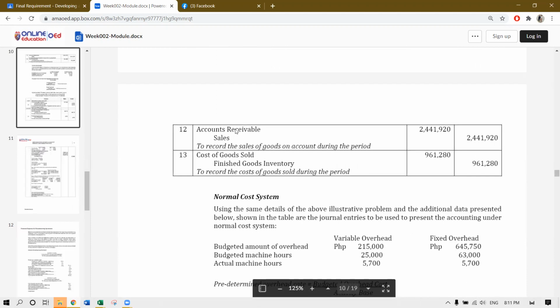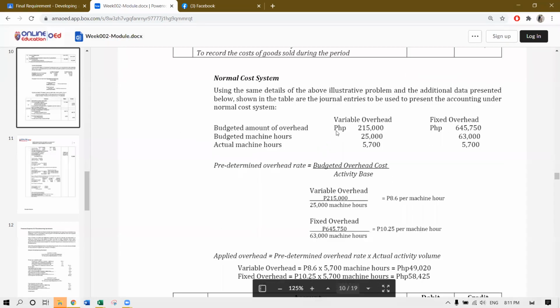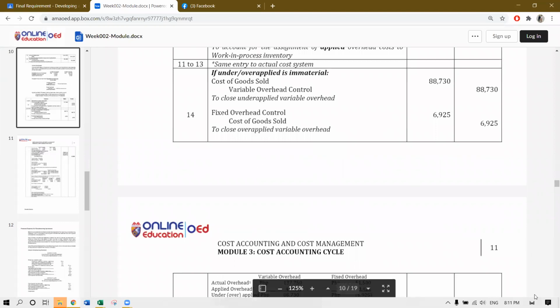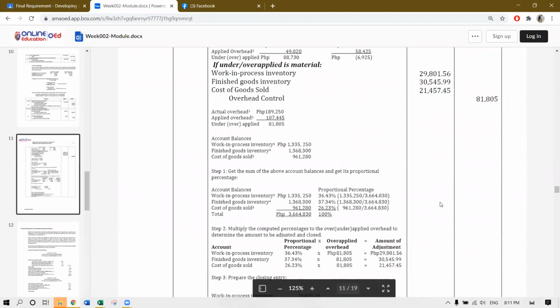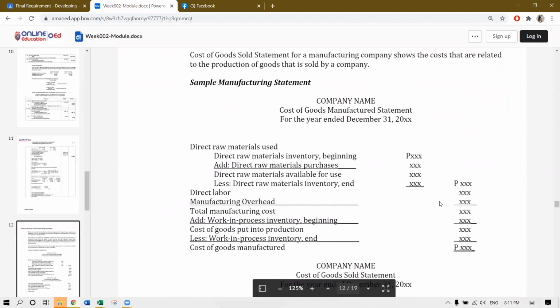Accounts receivable, syempre pag nagbaligyan na kita and all, maram naman kamay ni. Cost of goods sold and finished goods inventory, if they are using perpetual inventory system. So amo talaga ni entry. Cost of goods sold, debit, finished goods inventory, credit. Okay. May time pa.